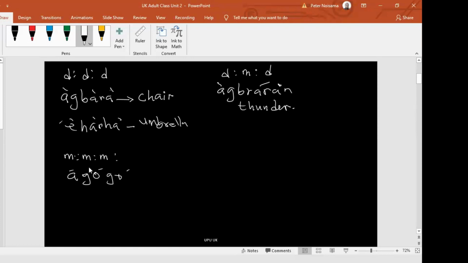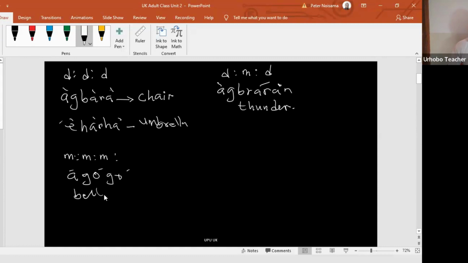Agogo. Good. Agogo is bell. Okay, so there are millions of ways you can arrange them, you can permute them, and there are many ways you can put them.